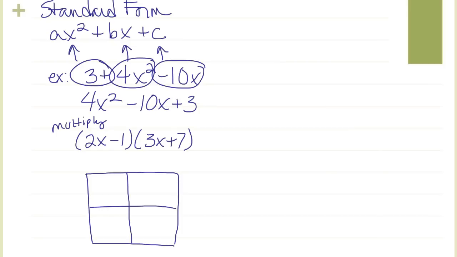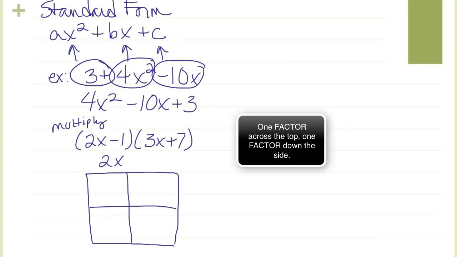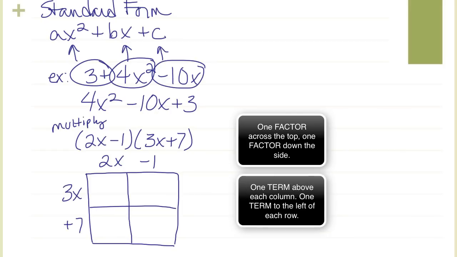because when we're factoring, we're going to be going backwards. So to use the box to multiply this, we just put one term across the top and one term down the side, and then we just multiply the outsides to get the inside. So 2x times 3x is 6x squared. 3x times negative 1, I'm going to do the row first.